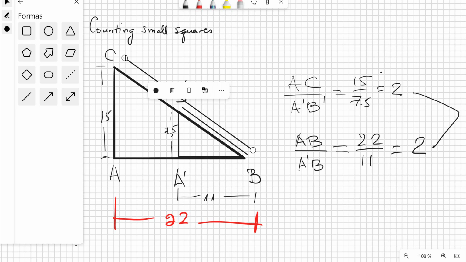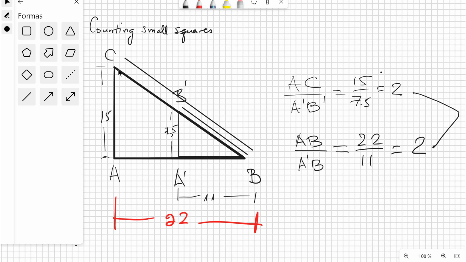It's very difficult to move this without changing the size, you know? Since I don't have the ruler still working, I cannot measure this.